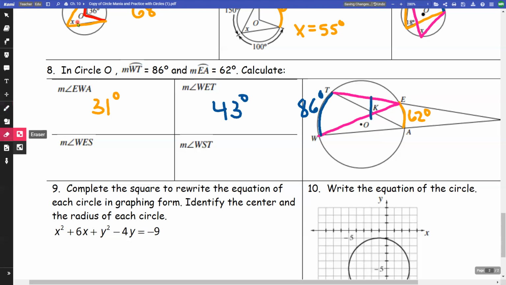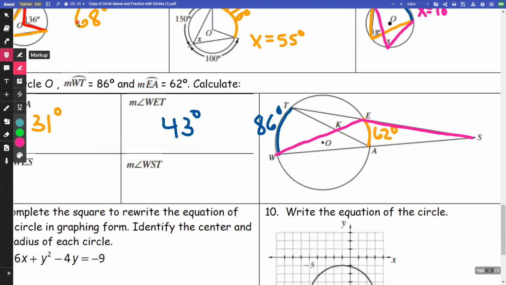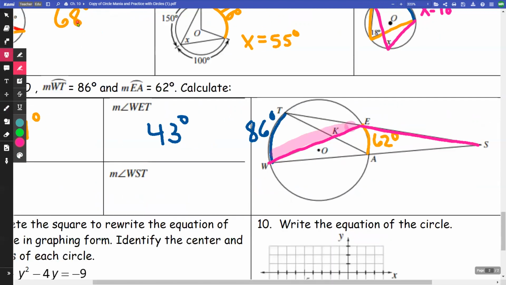WES. So WES is right here. Well, what I know is the following. If I am looking at this angle here, that is going to be 43 degrees because it's going to be half.